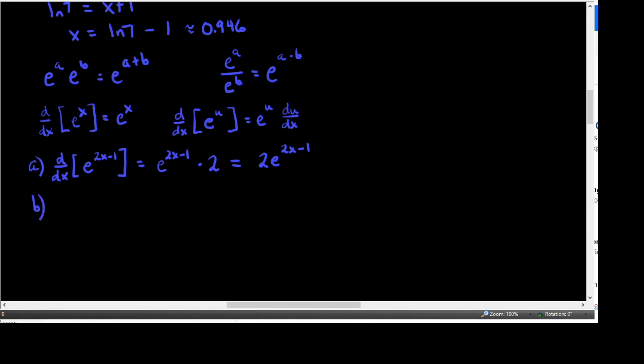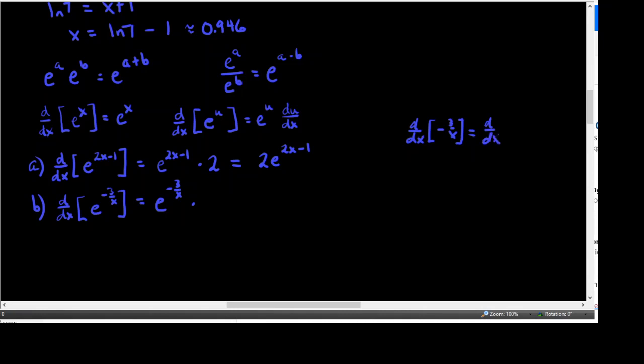Okay, b, the derivative with respect to x of e to the negative 3 over x. Coolest function ever. You get back what you started with times the derivative of the inside function. And here the inside function is the exponent. So I'm going to go over here to the side and do a little bit of side work. Negative 3 over x. That's not a good form for taking the derivative. I don't like variables in the denominator if I can help it.